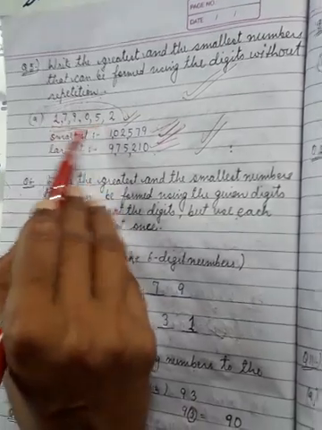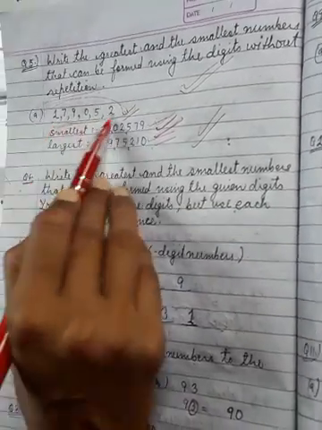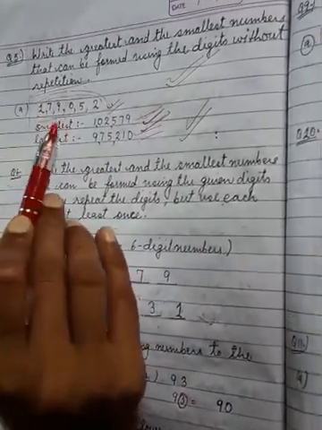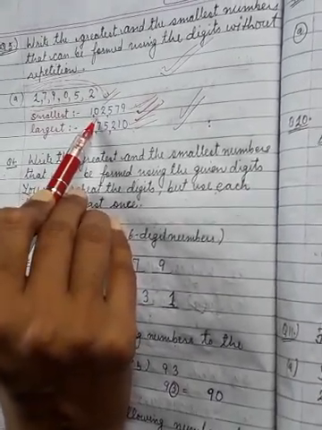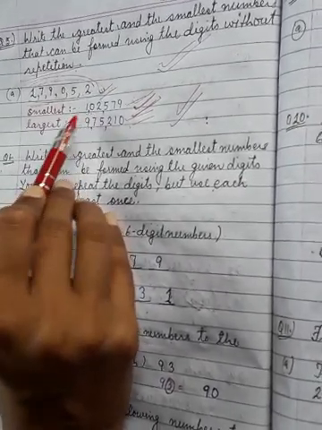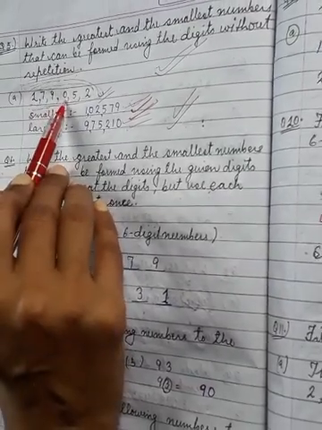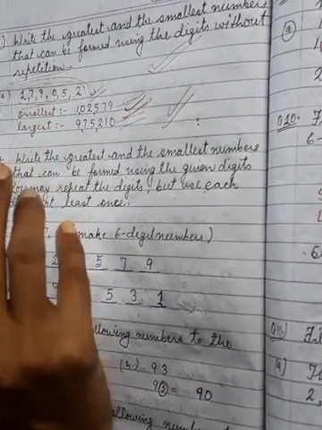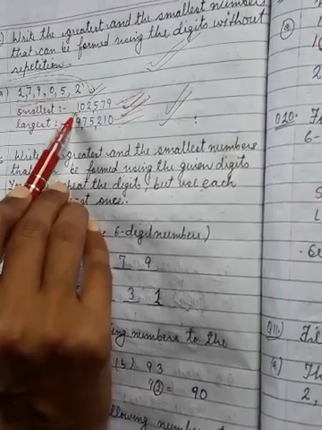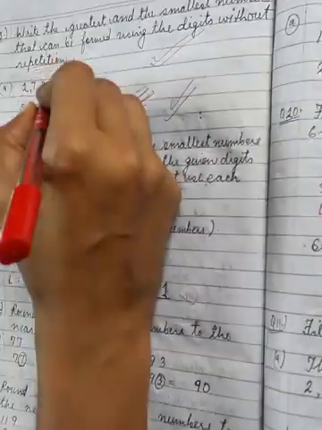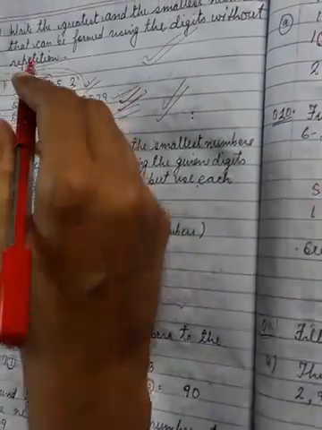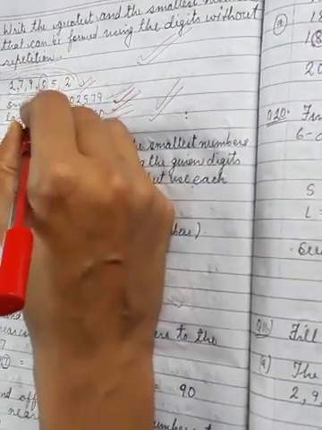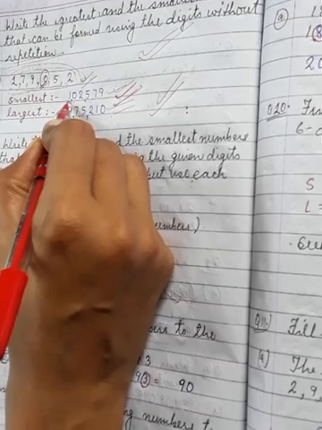So we have digits. To make smallest number, we have to arrange these digits in ascending order. So in ascending order, students, now you will see that ma'am didn't use 0 at first because 0 is the smallest digit. Whenever the digit is 0, you do not have to use the smallest digit 0 at the first to make smallest number.